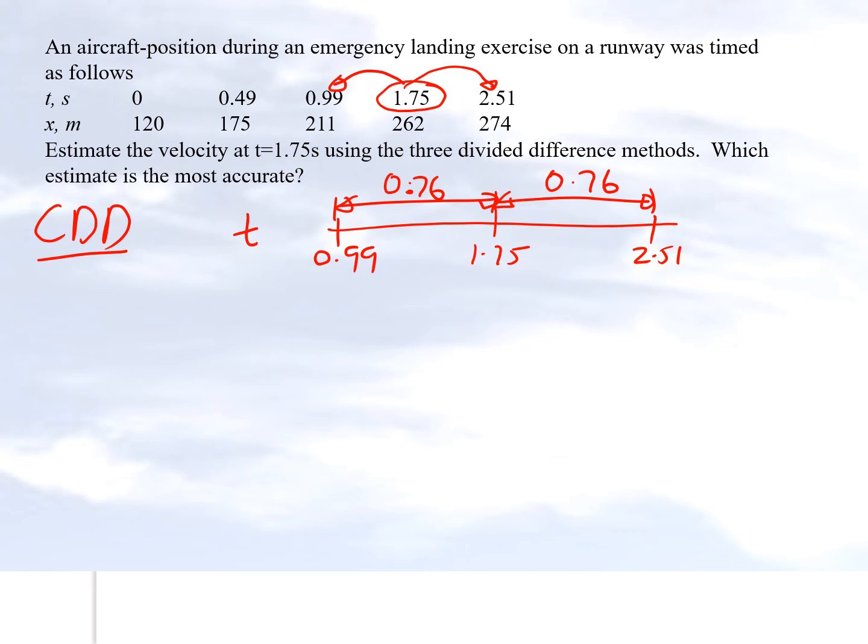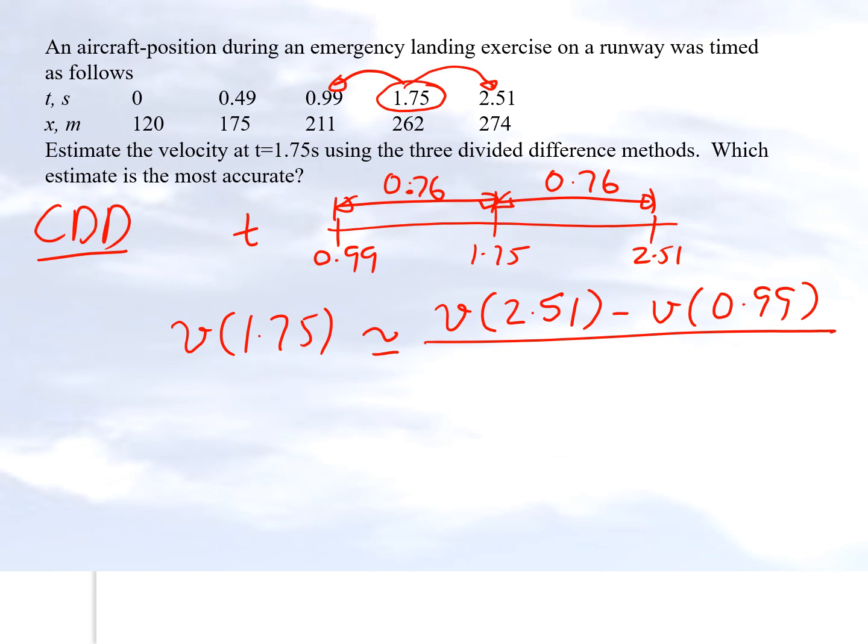So we can apply the central divided difference scheme, in which case the velocity at 1.75 will be approximately equal to the value at 2.51 minus the value at 0.99, divided by 2.51 minus 0.99.